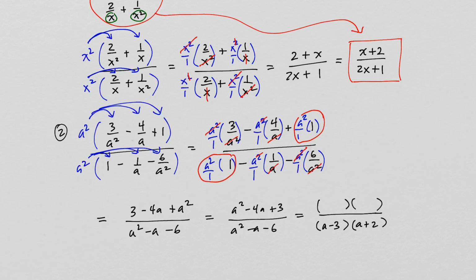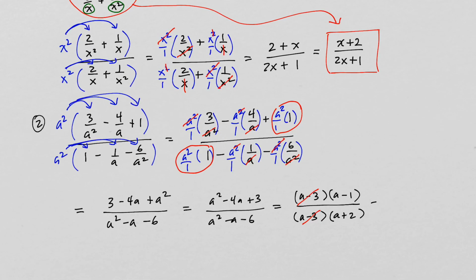And so when you do the factorization of each of these trinomials, this is what you end up with. And then you can clearly see that we have an a minus 3 in common here. And so we can cancel those out. And our final answer here is a minus 1 over a plus 2.